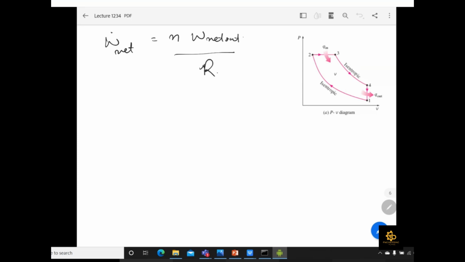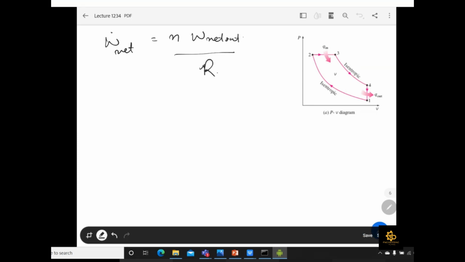Here you have noticed that there will be N. This N comes from the RPM, which is mentioned in your question, rotation per minute. So you have to convert it into revolution per second.